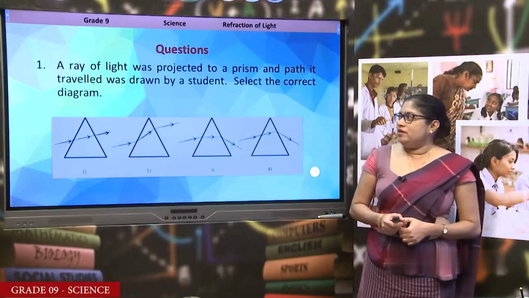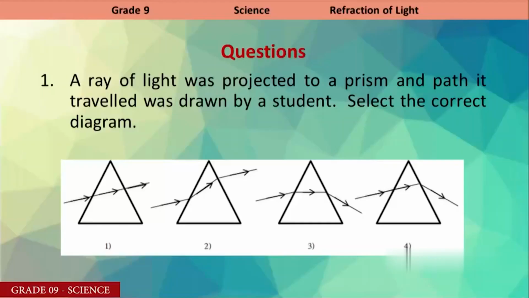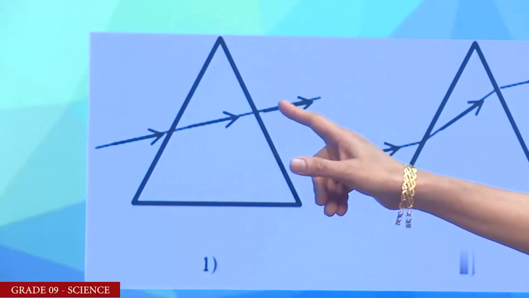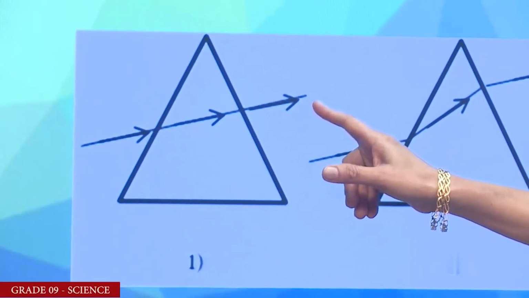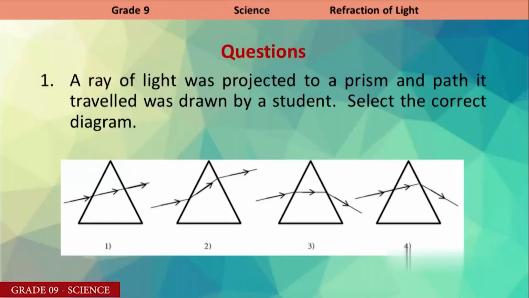Question number 1. A ray of light was projected to a prism and the path it travelled was drawn by a student. You have to select the correct ray diagram. We will see one by one. Here, the light ray is entering from this side and it is travelling in the same direction. Can that happen?